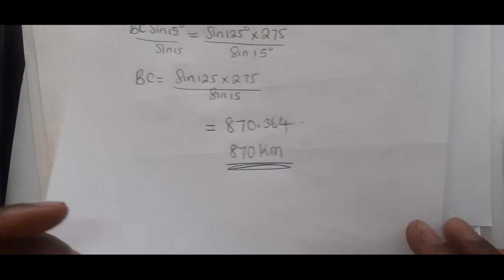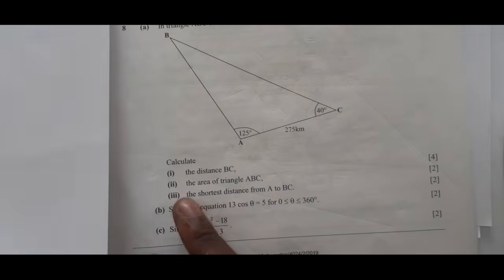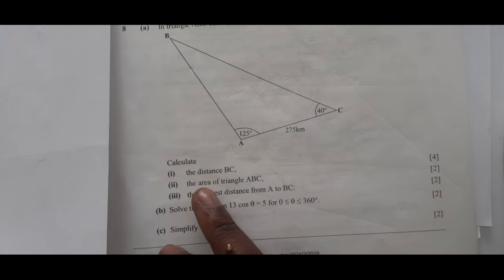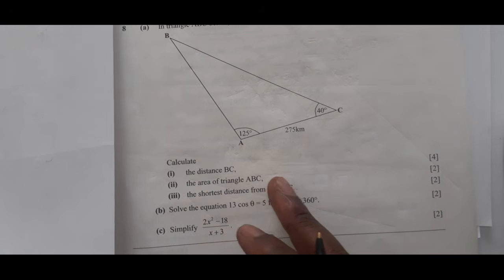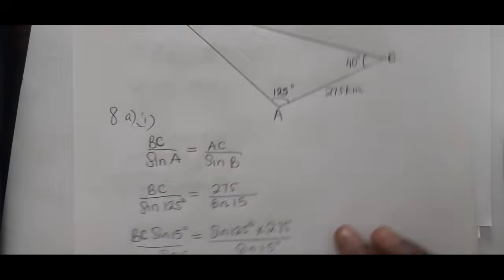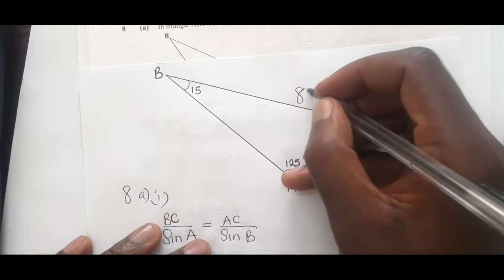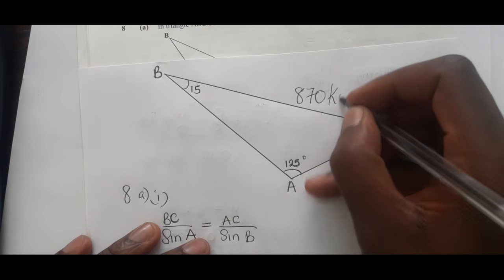So then the next question is going to be the area of triangle ABC. Area of triangle, so this we have 870 kilometers.